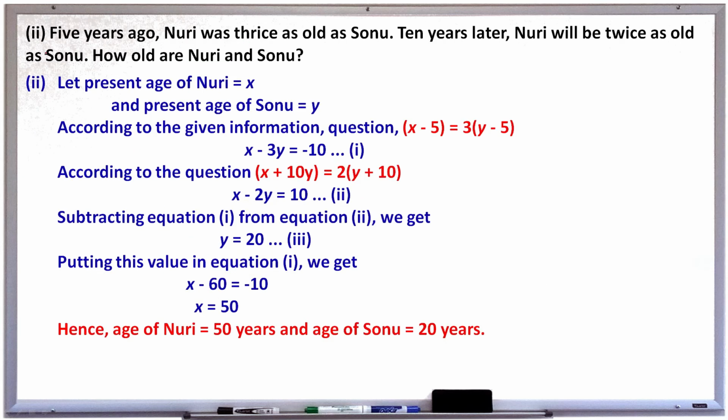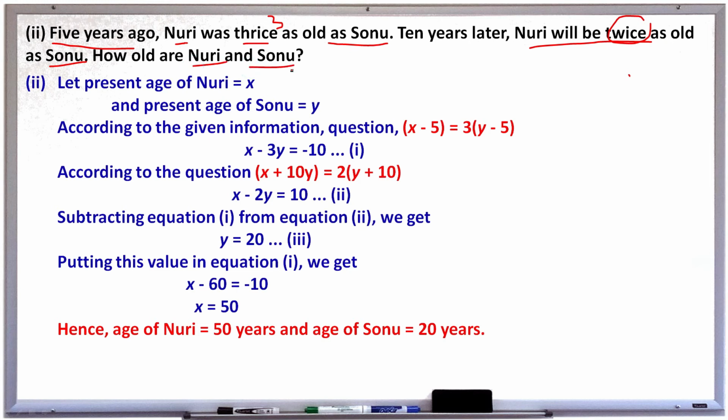Question number 2. Five years ago, Nuri was thrice, means 3 times, as old as Sonu. Ten years later, Nuri will be twice as old as Sonu. How old are Nuri and Sonu?